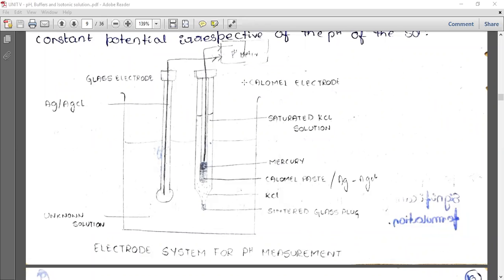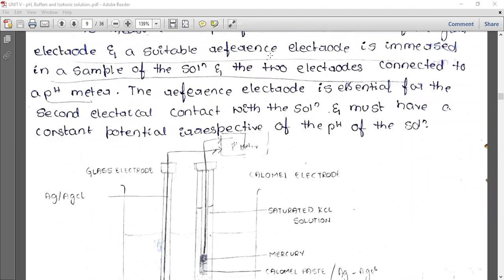Whatever potential is there is converted to a potential difference, and finally converted electrically, and you get a digital display of the change in pH in the form of a reading. Okay, the same thing is being told here.